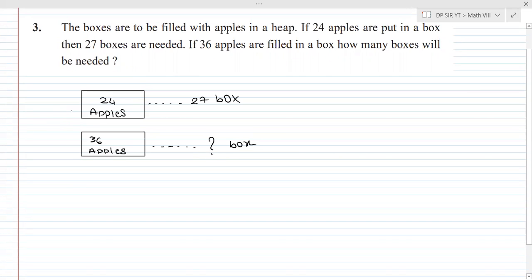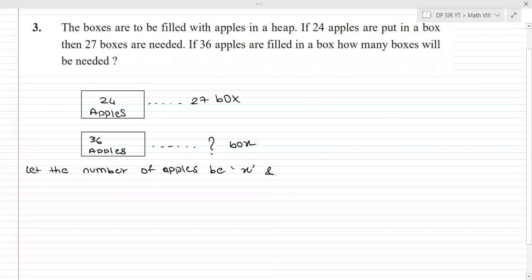So let the number of apples be x. In mathematics, we call x and y as variables since उनका values fixed नहीं होता. It varies from case to case.